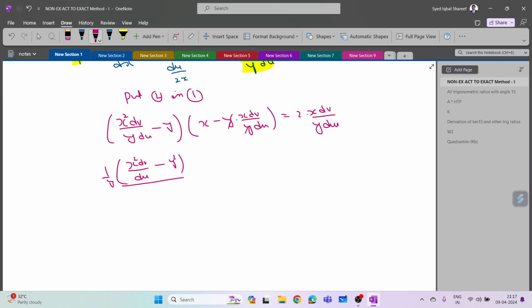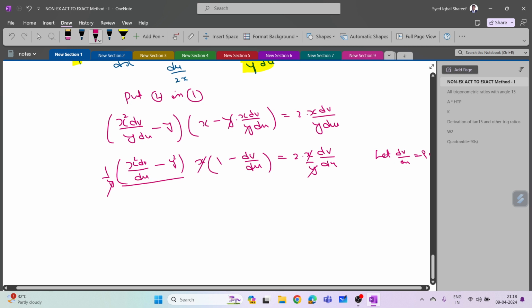So if I take x common here, (1 − dv/du) equals 2 dv/du, where the y in the denominator and the x cancel. Let dv/du = p1.